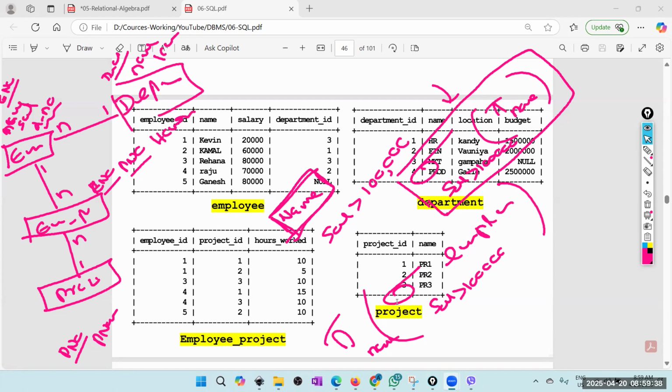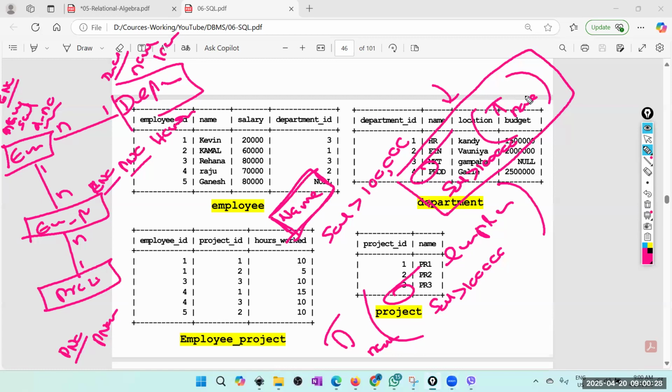I already explained what is sigma and what is phi. So what is wrong with this expression? No one?